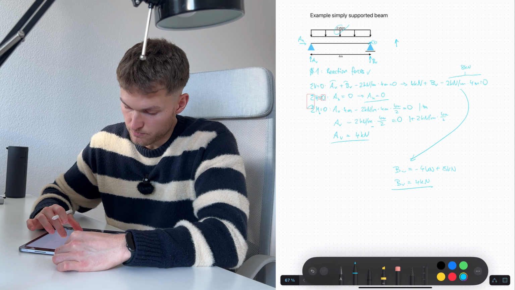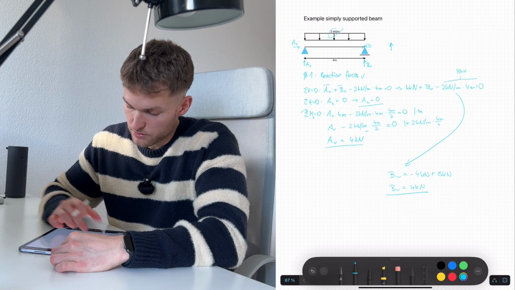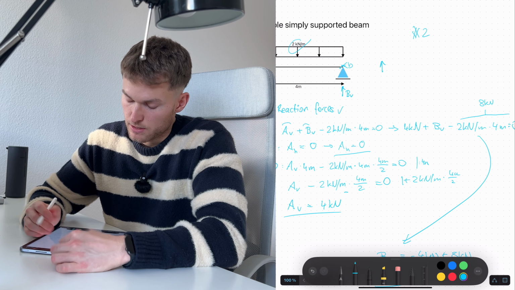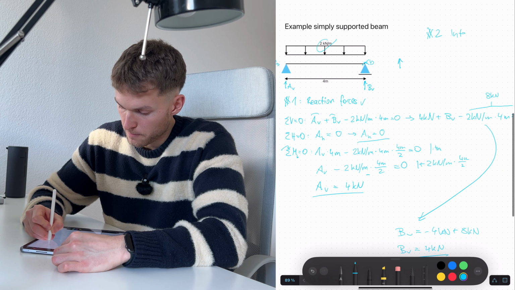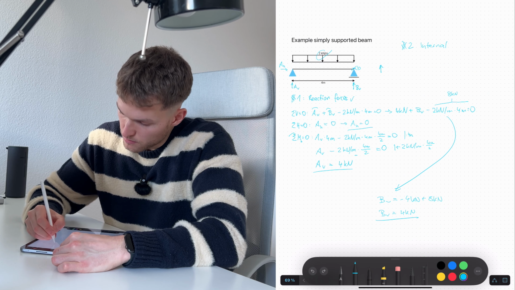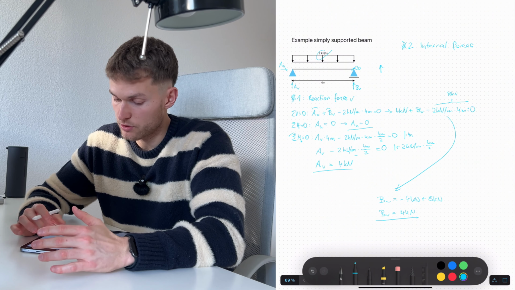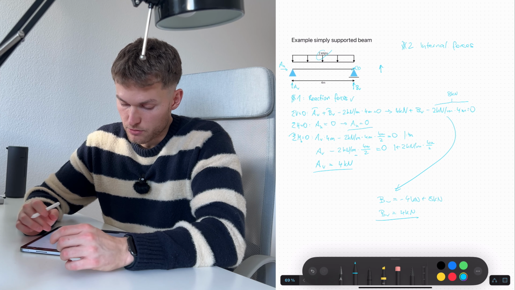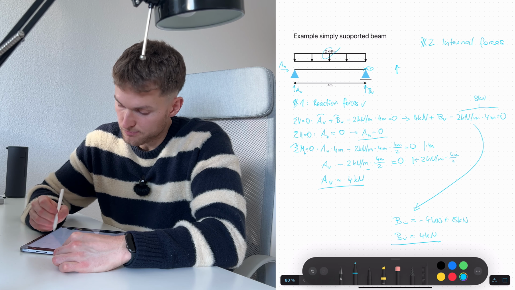Now in step 2, we can calculate, okay, this is really messy, I'm sorry for that, but it's the first time we try this format. In step 2, we can calculate internal forces, such as bending moments, shear forces, axial forces, and again with the equilibrium equations. Let's do it for this beam.